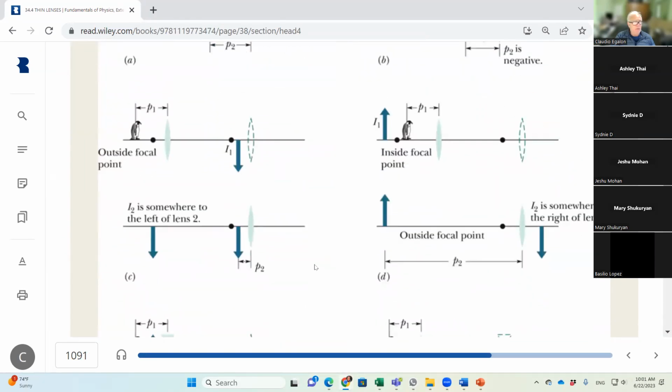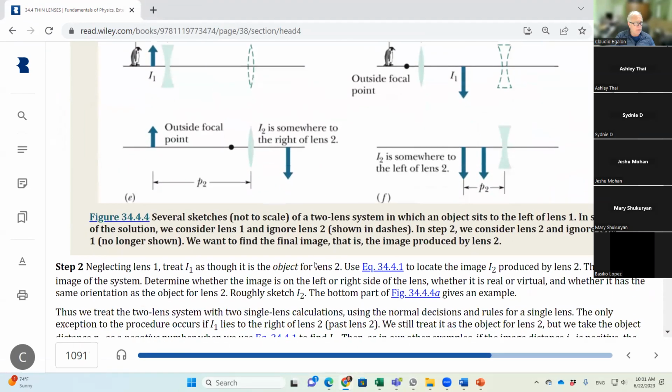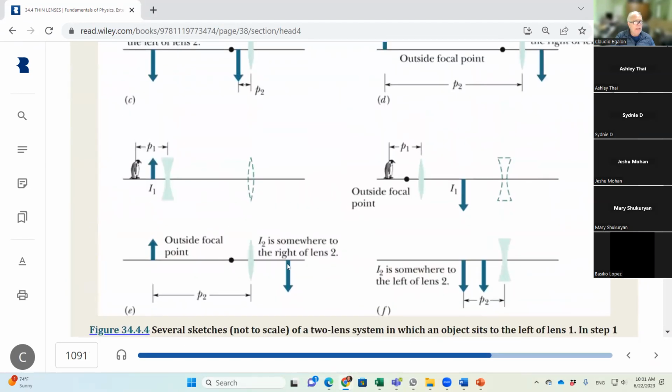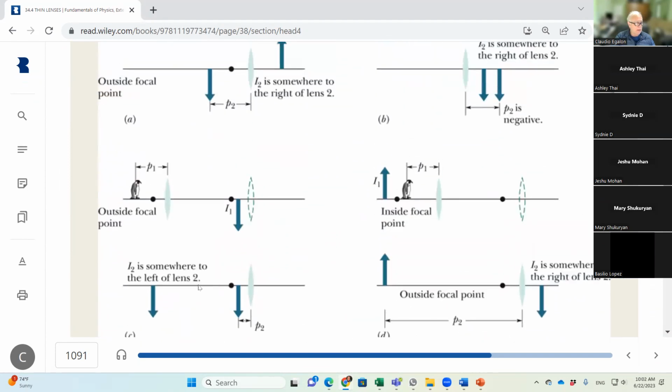If you have played with lenses and mirrors, you can clearly see the image of the object. So in the case of this penguin in front of this positive lens, you do form an image of the penguin that looks just like the penguin, but upside down. It's really impressive. That's how images are formed in a camera.